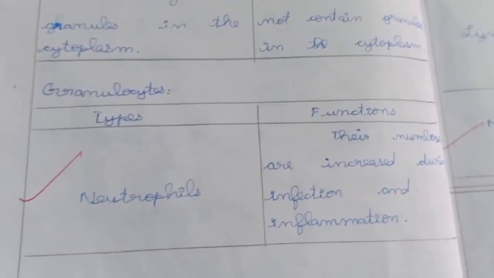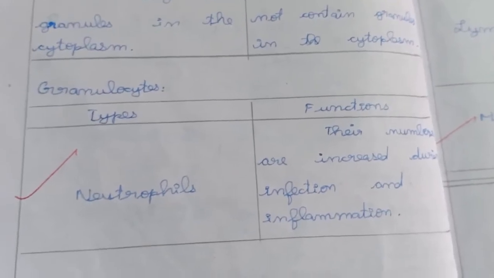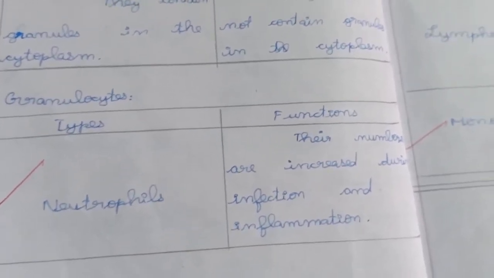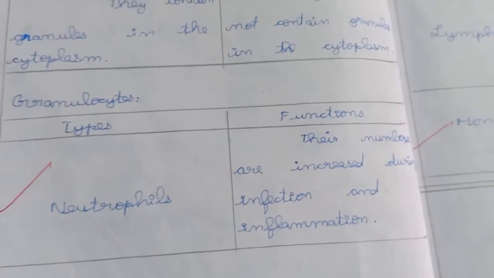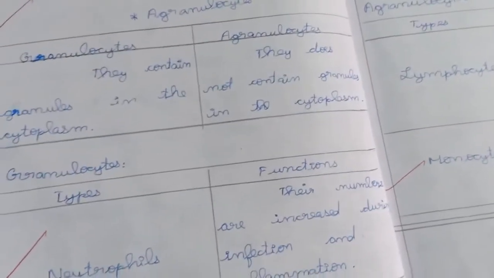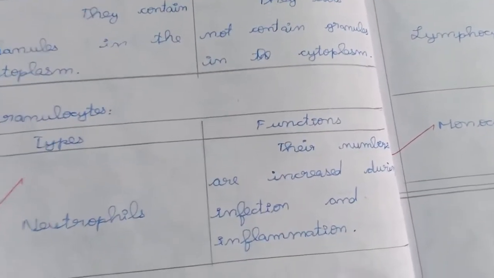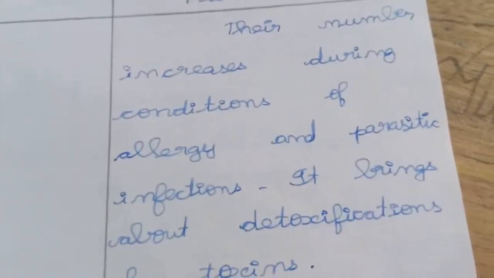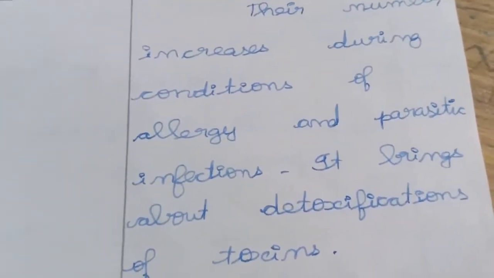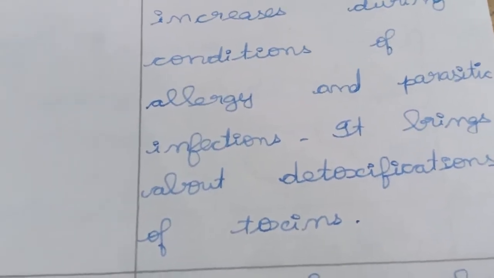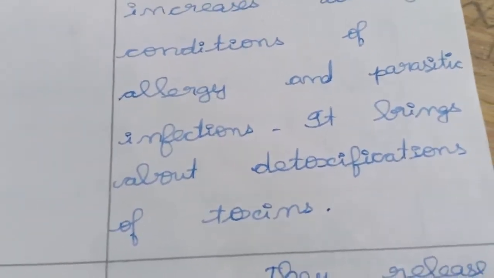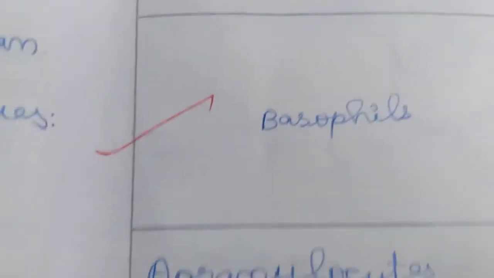Then coming to the functions of granulocytes. The first type is neutrophil. The numbers increase during infection and inflammation. The second type is eosinophils. Their number increases during conditions of allergies and parasitic infection. It brings about detoxification of toxins. The third one, basophils.